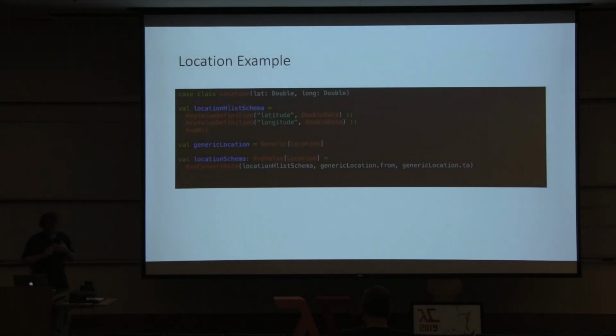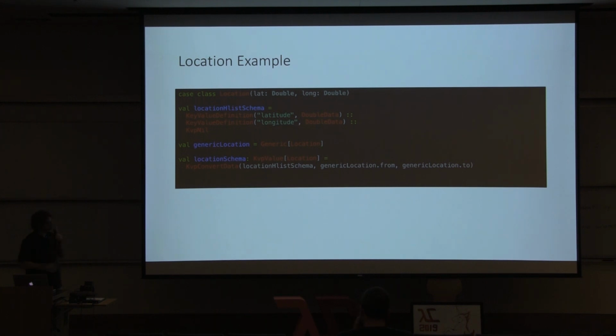And just quickly, here is how this would work with the location case class: you would build up the case class, the schema. You would then get your generic representation of it, and then finally you would wrap it all in your KBP convert class.